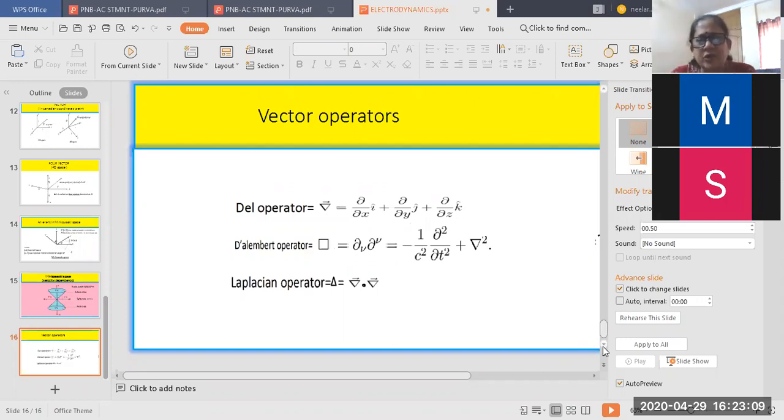I think I have taught you the tensor concept. A tensor is a vector actually, but it is represented in the form of a matrix. In a matrix there are various elements. Whenever you write a matrix, you write the elements as some alphabets or some numbers.